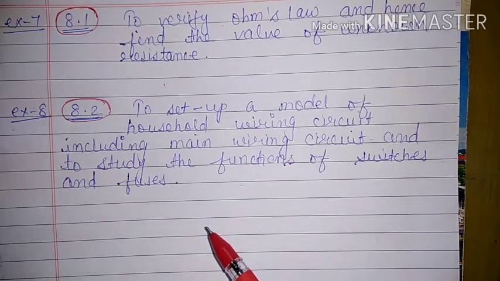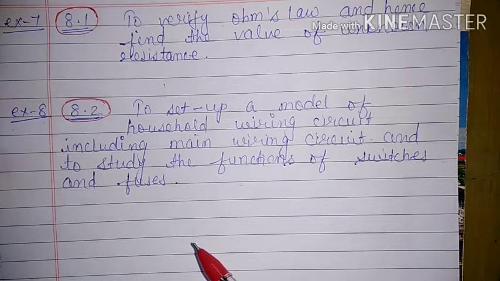Next thing is, we will not mention the date right now, neither in the index nor during the experiment. When we mention the readings for the experiment, at that time we will mention the dates. So we will not mention the date. And the next thing is diagrams and observation tables should be done on the white page, that is the left hand side page of your lab manual.